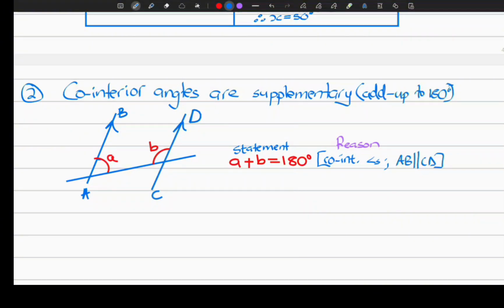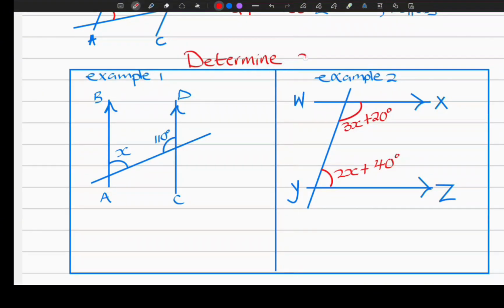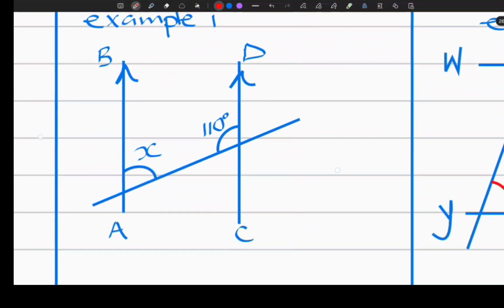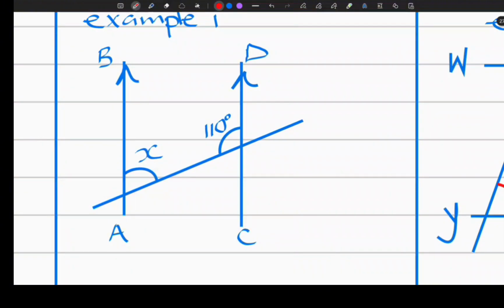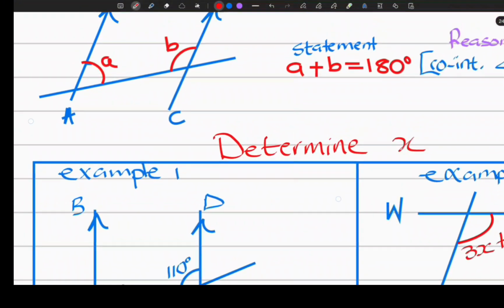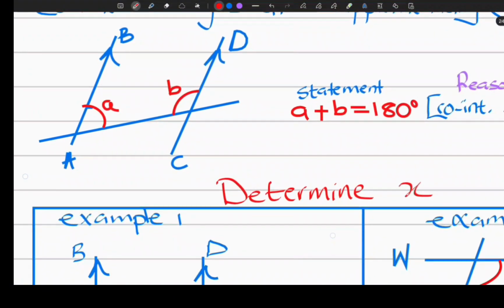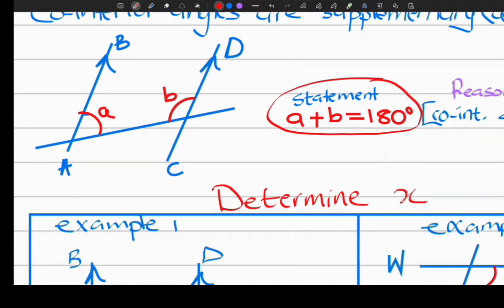To illustrate this theorem, we're going to use the following examples. In both of these examples, we want to determine the value of x. In example 1, we're given x and 110 degrees, and you can tell from the theorem that we just discussed that these are co-interior angles. And according to the theorem, co-interior angles add up to 180 degrees.